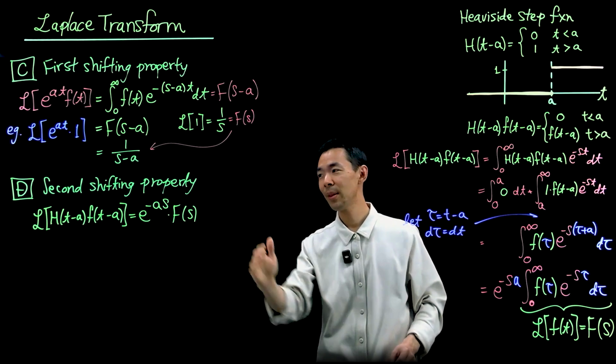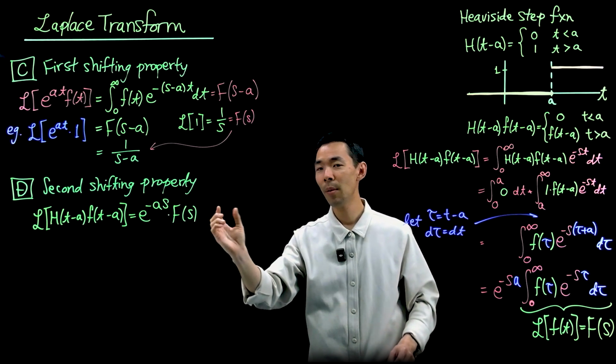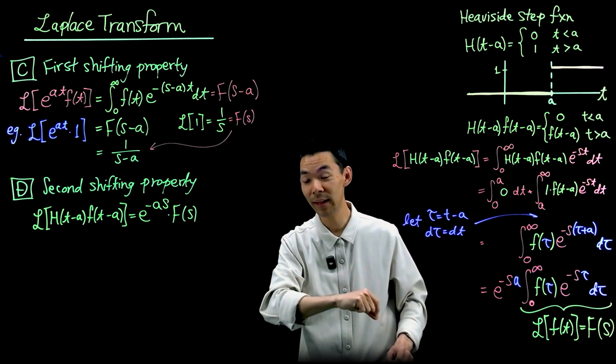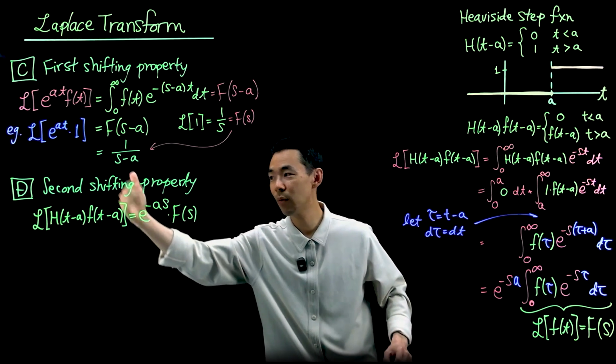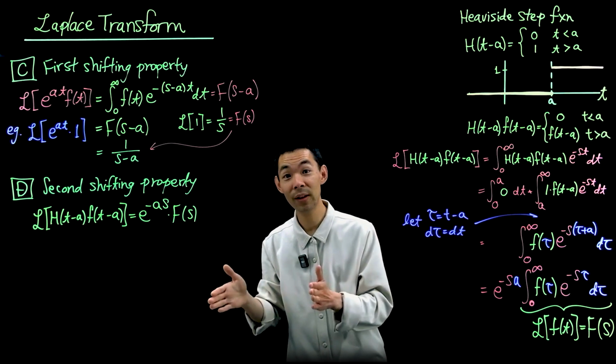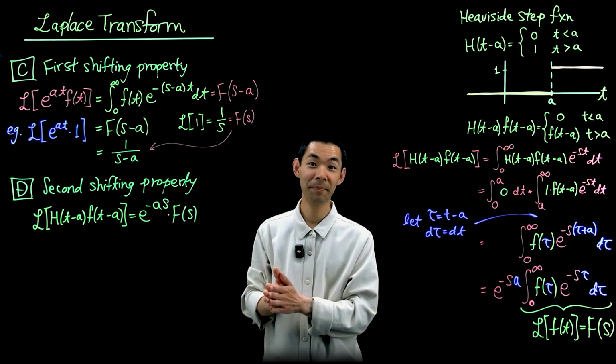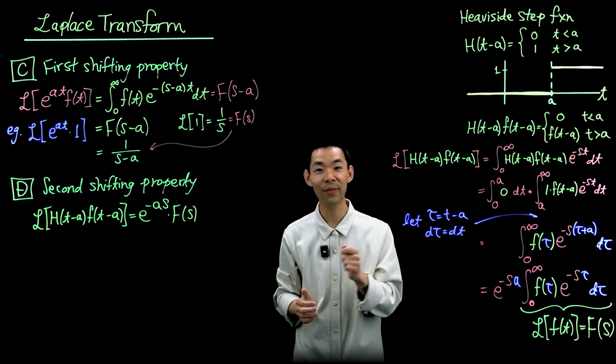In contrast, the second shifting property multiplies in the Laplace domain by a factor of e to the negative as, and then out comes in real space a shift by time t equal to a. Let me write that down and graphically illustrate this.